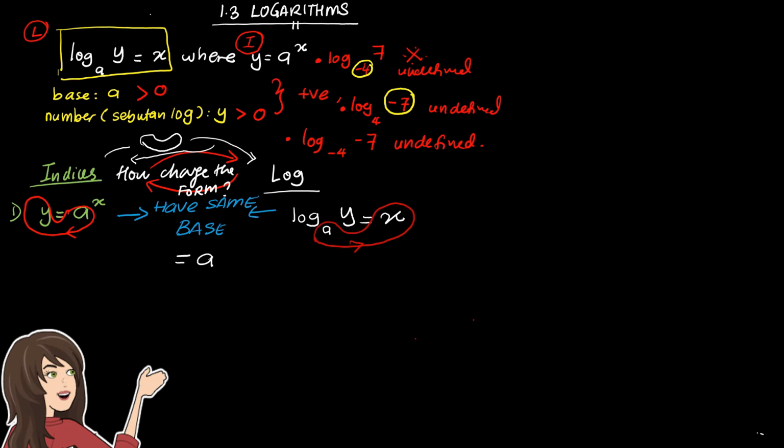So when you want to write it, it will be base a. Kalau nak tukar kepada index, a itu menjadi besar. So a power of x equal to y. Log hilang lah sebab kita nak tukar kepada bentuk index. And then is it the same as the green one? Yes, it looks the same. Just y is at the left here, y on the right there.